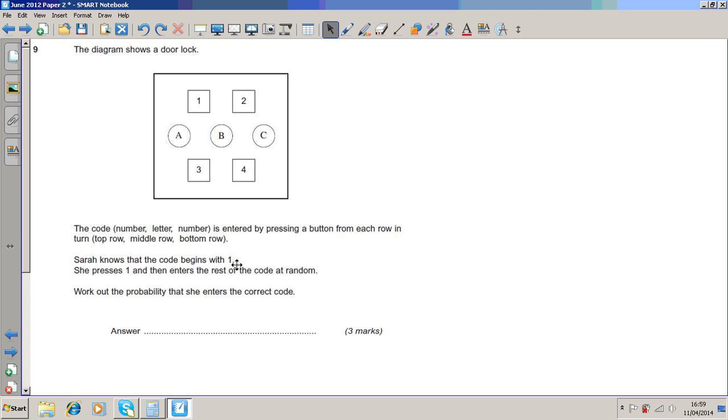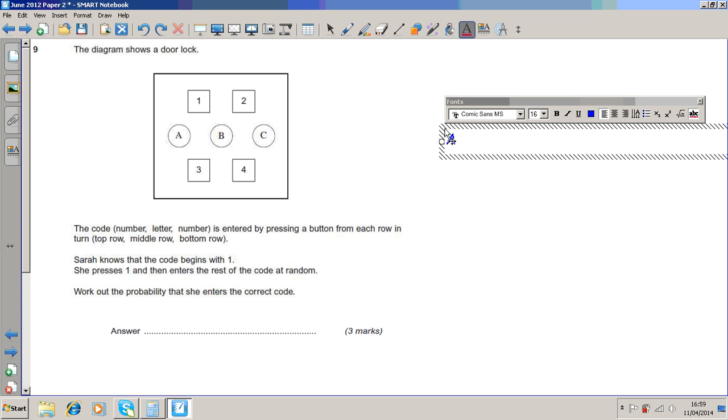Number 9. A door lock. The code, number, letter, number, is entered by pressing a button from each row in turn. Middle row, bottom row. She knows it begins with 1, she presses 1 and then chooses randomly. So essentially we ignore these, we know it's either one of these. I'm making a list of all the things you could get.